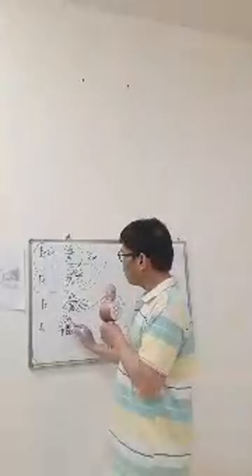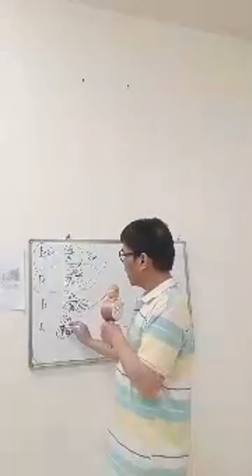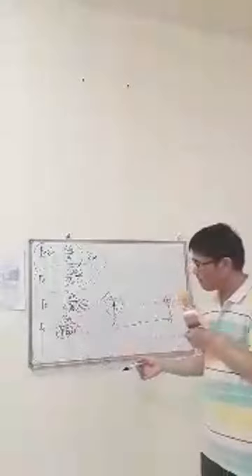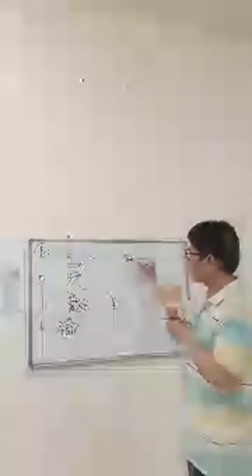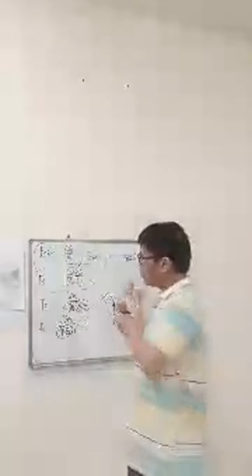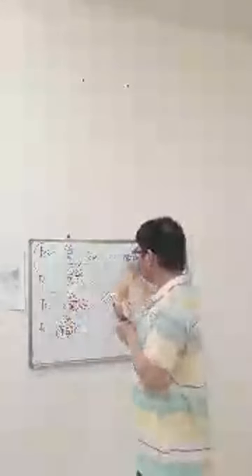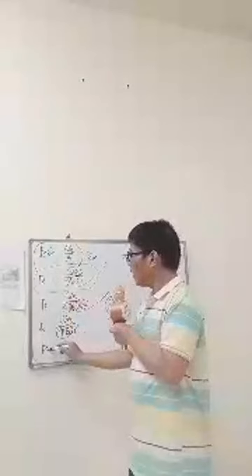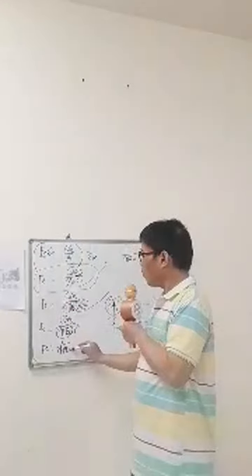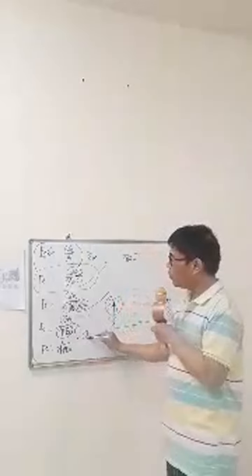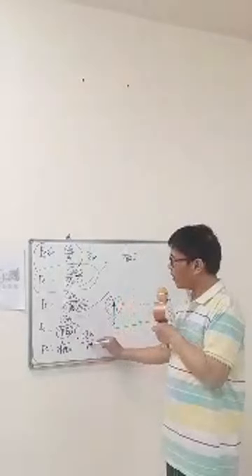Now, this 4 pi epsilon O is in the denominator, right? And it will become 1 over 4 pi epsilon O. So you need to put that on the other side. This one. FE is equal to 1 over 4 pi epsilon O times capital Q times small q over r squared.